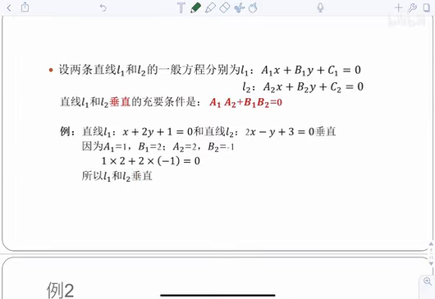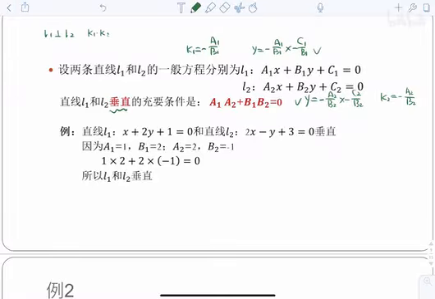So also let's see the vertical case. We can change L1 to y equals minus A1 over B1 x minus C1 over B1, and L2 to y equals minus A2 over B2 x minus C2 over B2. So K1 equals minus A1 over B1, and K2 equals minus A2 over B2. If the two lines are vertical, L1 perpendicular to L2 means K1 times K2 equals minus 1.